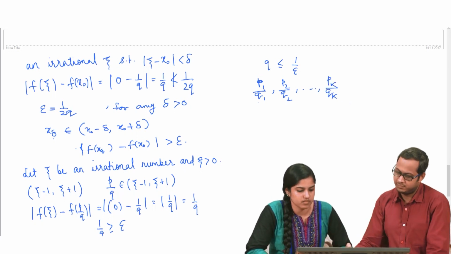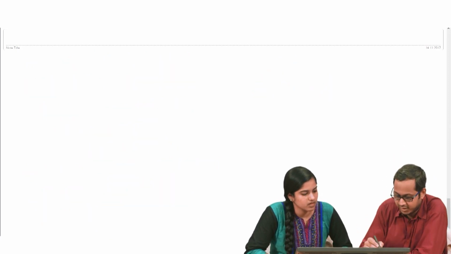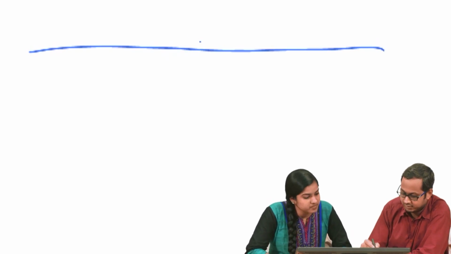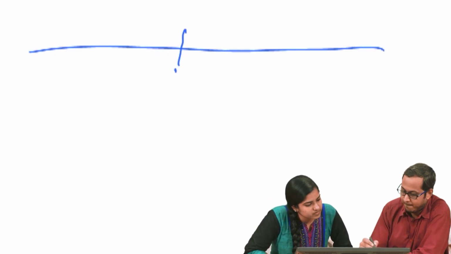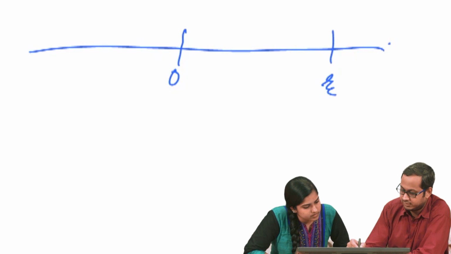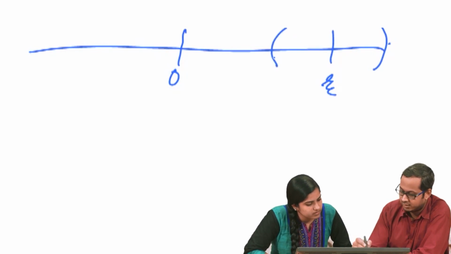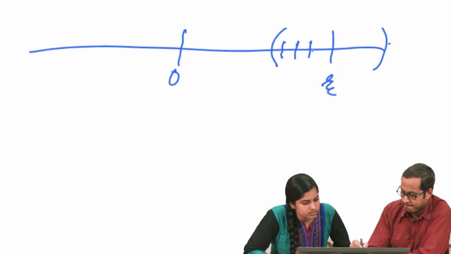Why don't we draw this? Let us draw it on the line itself. Say this is my real number line, say this is 0, say this is my xi, and this is a typical delta neighborhood of xi. I told you to take it to be xi minus 1 to xi plus 1.